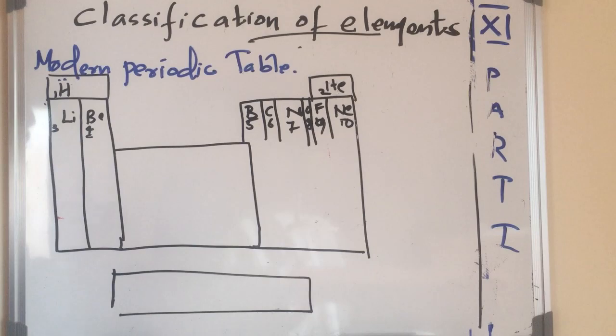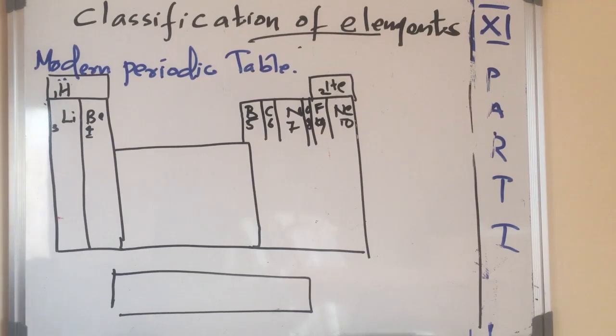Atomic number means number of protons. So according to the modern periodic table, the fundamental property of an element is atomic number. Who discovered the modern periodic table? Do you have any idea about it? Yes, Moseley. So this periodic table is also called Moseley's modern periodic table. Clear?